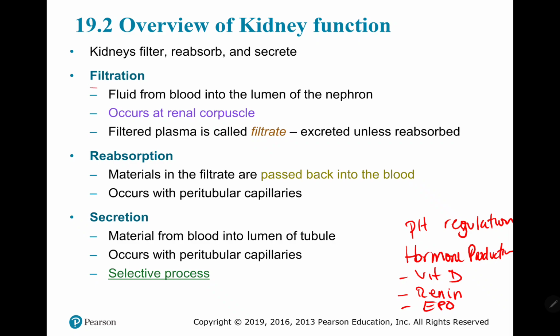And so when we look at filtration, remember that filtration is going to be from the blood to the lumen, all right? So that's from the blood to the lumen. And that filtration is only going to occur at that renal corpuscle, so between the glomerulus and that Bowman's capsule, okay? And then when that plasma is filtered over, it's now called filtrate, right?